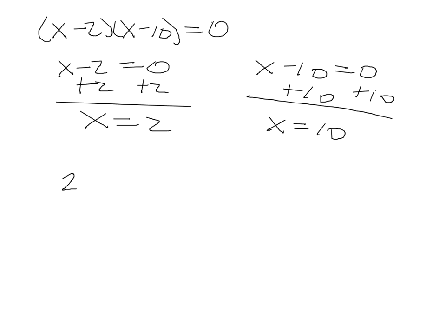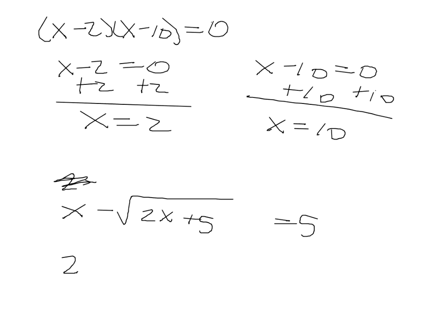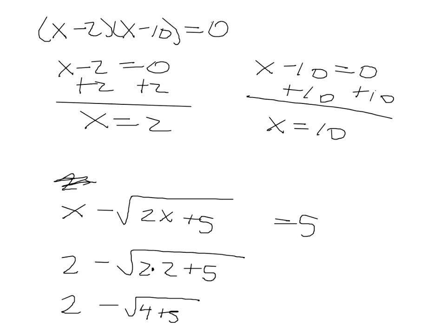Using x equals 2 first, I'm going back to the original equation of x minus the square root of 2x plus 5 equals 5. So plug in 2. 2 minus the square root of 2 times 2 plus 5. 2 minus the square root of 4 plus 5 is 9.